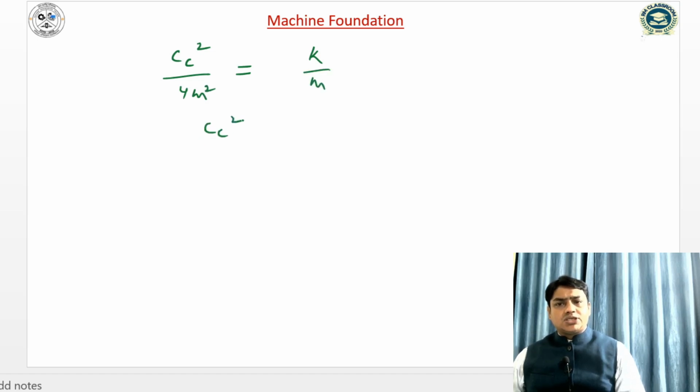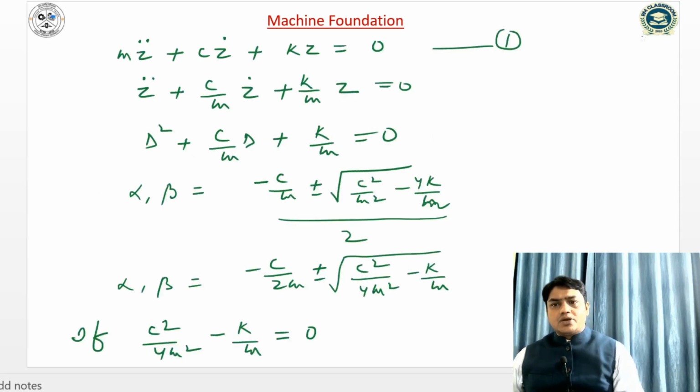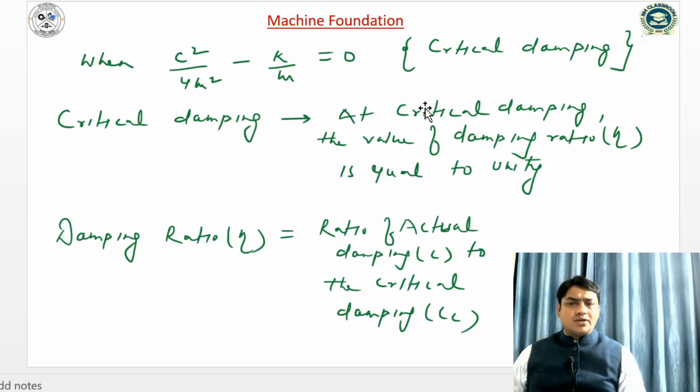So we can write Cc square is equal to 4km, or Cc is equal to 2 square root of k into m. So this is the important expression of the critical damping, that is Cc is equal to 2 into square root of k into m. In case of critical damping, the value of damping ratio will be unity.